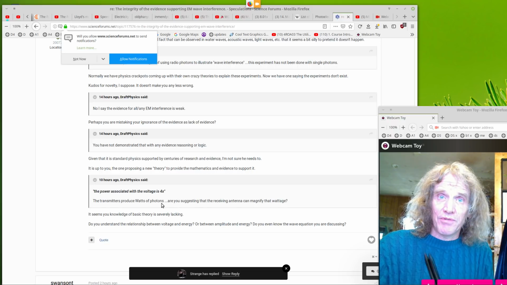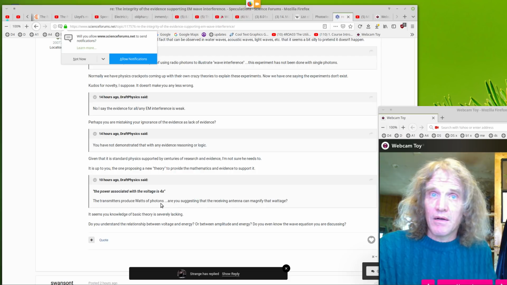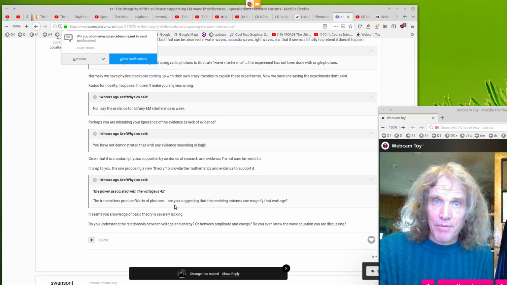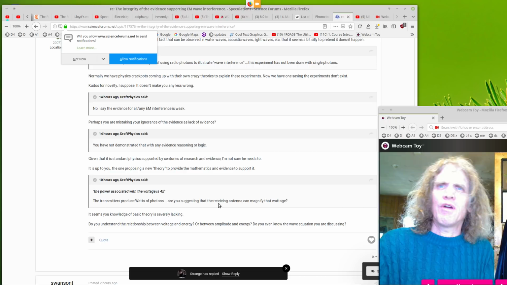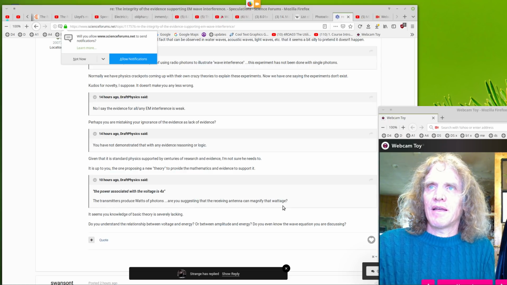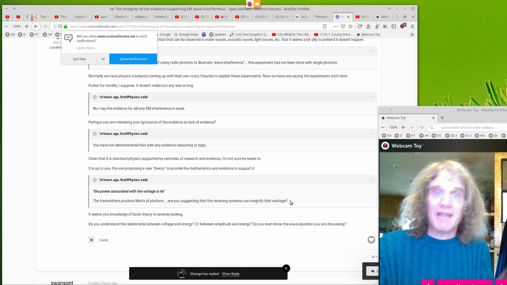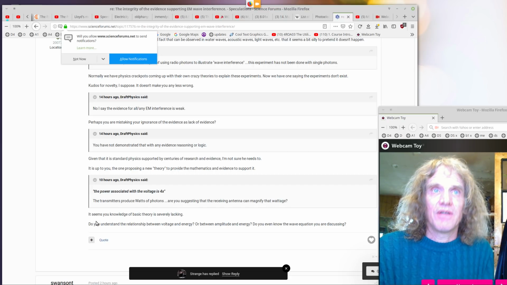That's what's produced, like megawatts or gigawatts of energy goes into the antenna. It's a wattage that comes out, like the light from a light bulb. Get more light, more wattage, more light. Are you suggesting that the receiving antenna can magnify that wattage? So that was to the other guy, just pointing out that there can't be any 4-time increase in energy. There's no increase in energy.